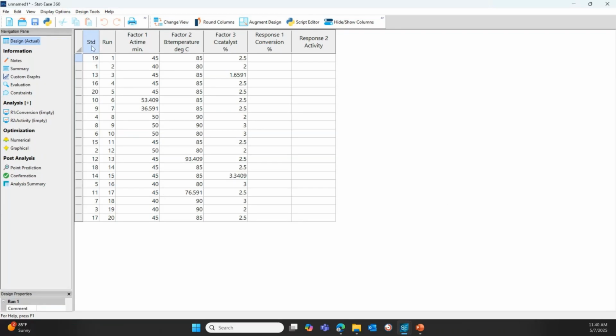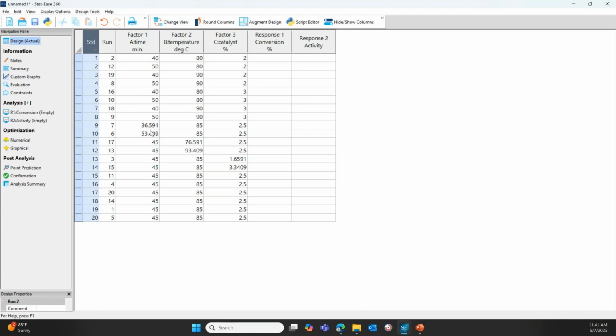One thing I didn't mention in the last example is we have standard order and run order. The standard order is in a very specific layout, but what you end up with is some factors that are kind of clumped together, and that can be a problem. It can be impacted by something called lurking variables, things like maybe the atmospheric temperature or humidity, or any number of other things that could drift throughout the sequence of runs.